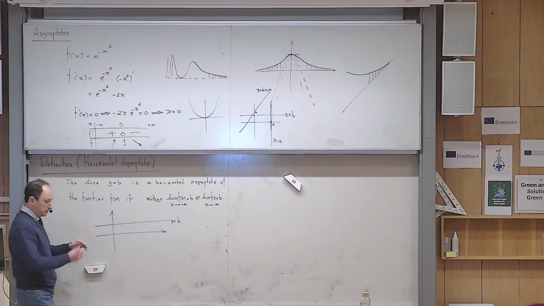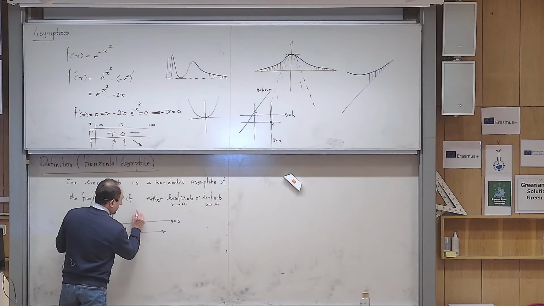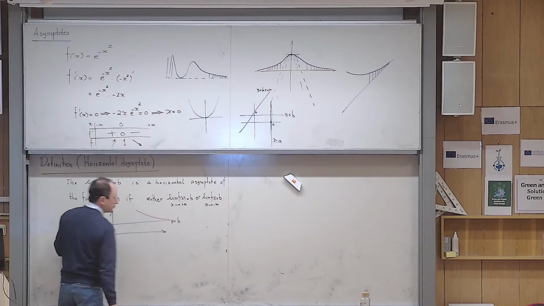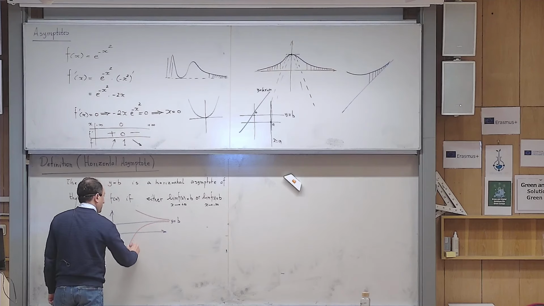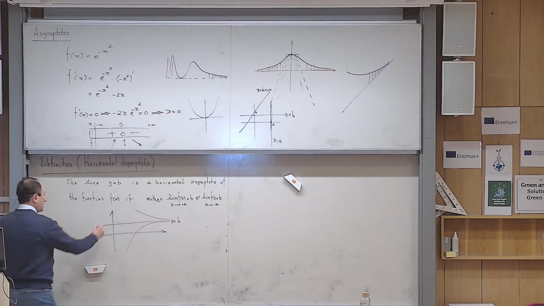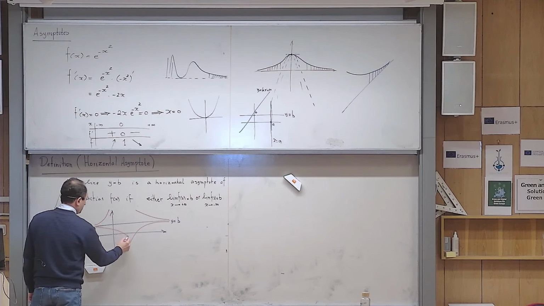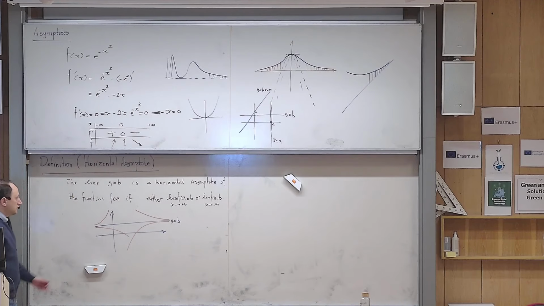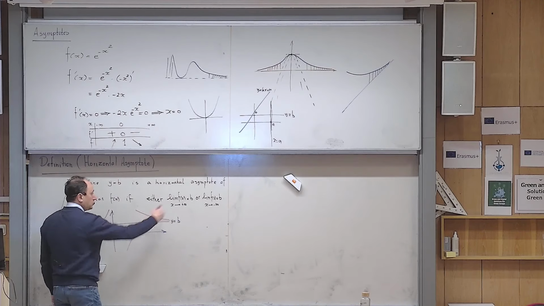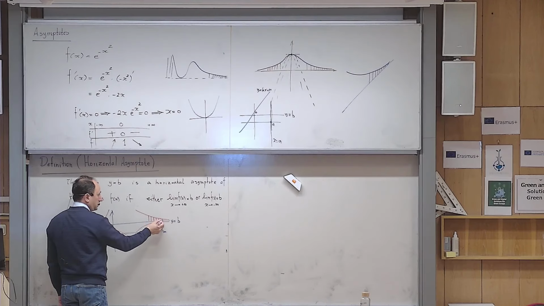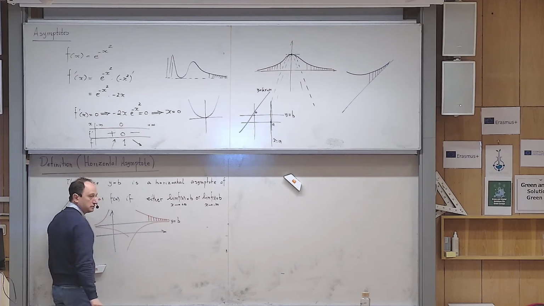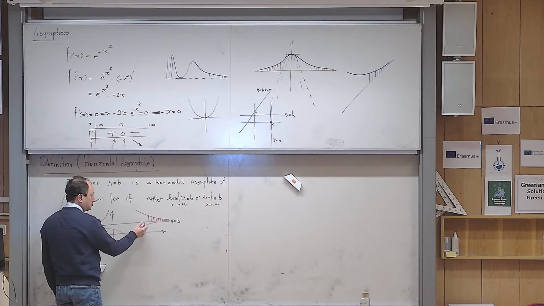Either my curve behaves like this, or like that, or like this, or like that. In this case, when I go to the far right, the deviation between that curve and this horizontal line is becoming negligible, even in that case.